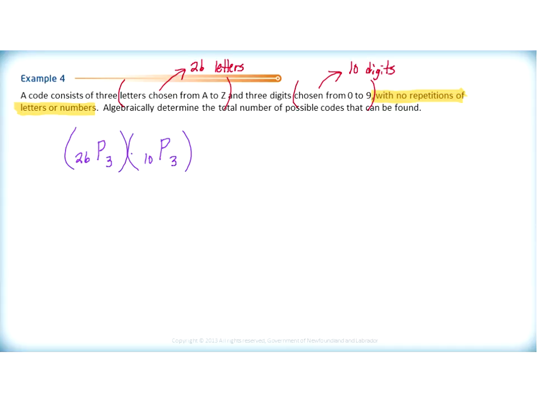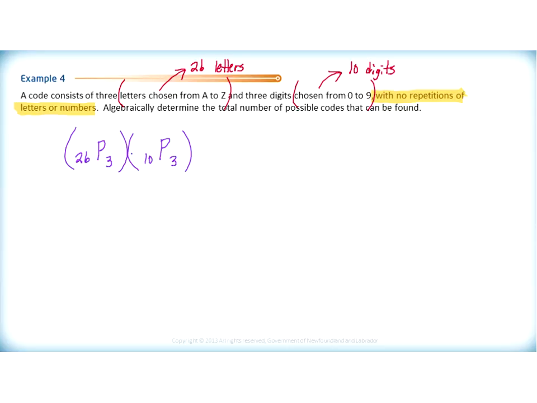Okay, so we can do this using the calculator. I will share the calculator with you again. First of all, you have 26. Go to Math, go over to Probability, down to permutation, and we will permute 3.